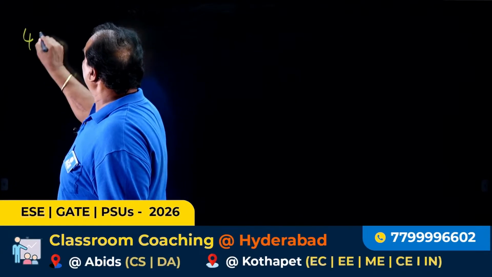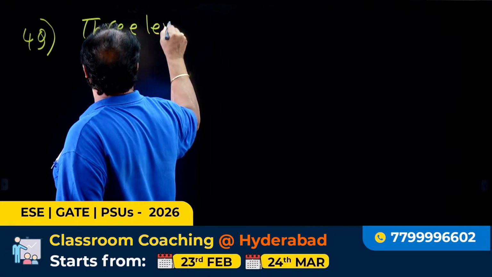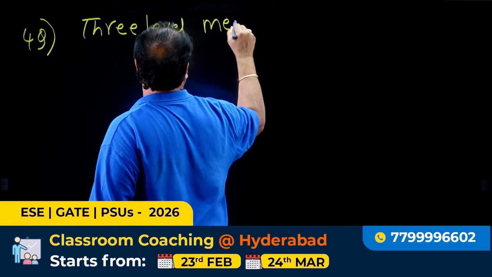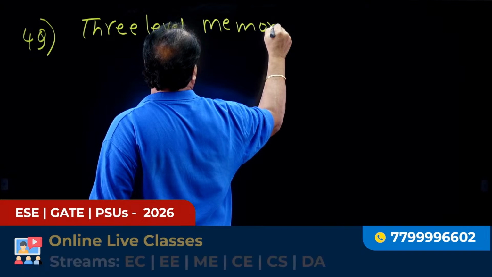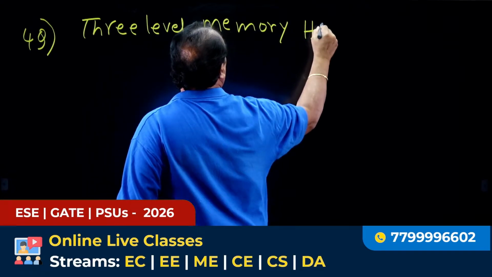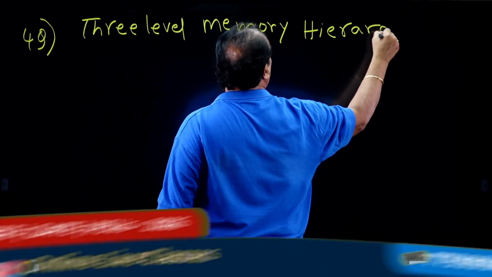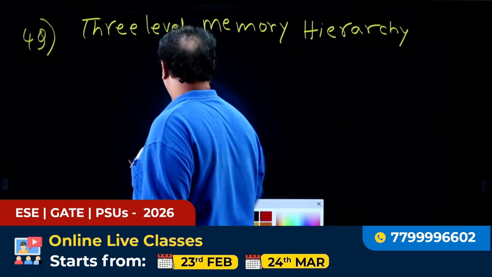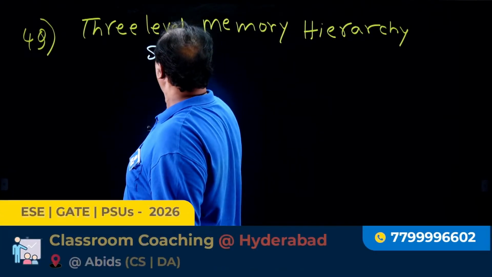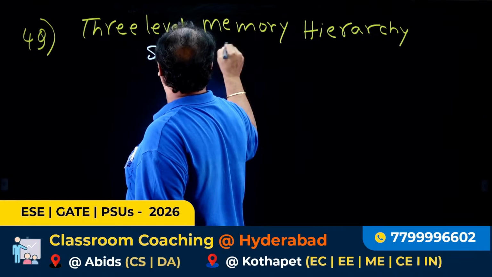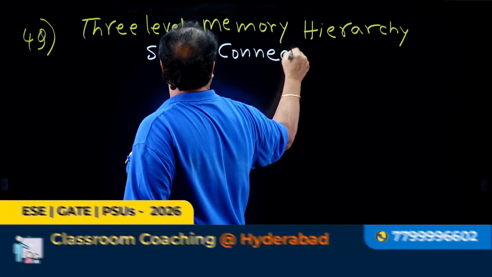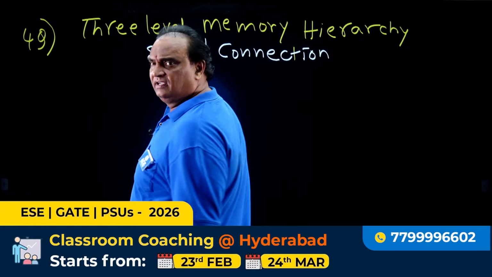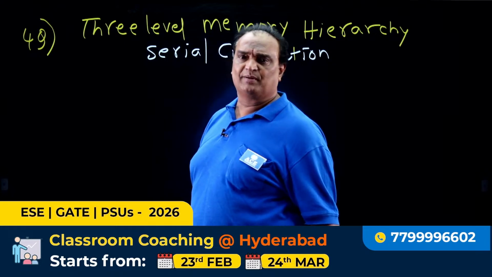This question is on a 3-level memory hierarchy. According to the information I received from reliable sources, he mentioned the levels in serial connection, and 100% clear information is not yet received.